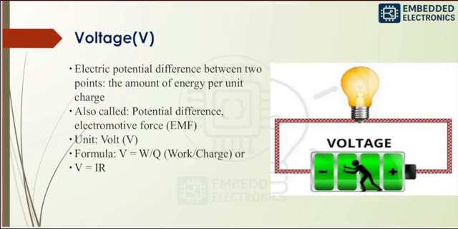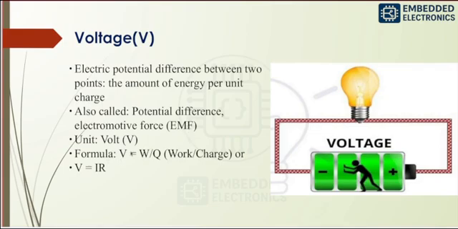Voltage means pressure from an electric circuit's power source that pushes charged electrons through a conducting loop, enabling them to do work, for example, illuminating a light. It can also be called potential difference or electromotive force. The unit of voltage is the volt, represented using V.